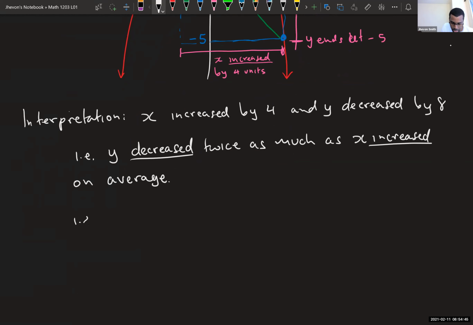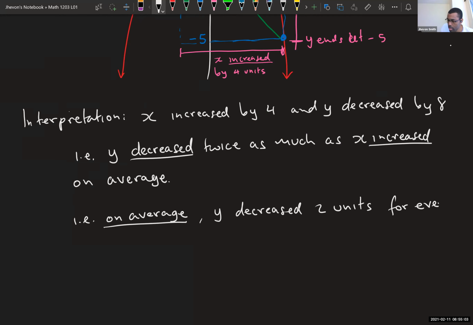I'm going to explain why on average is important to say here. Y decreased 2 units for every 1 unit increase of x.